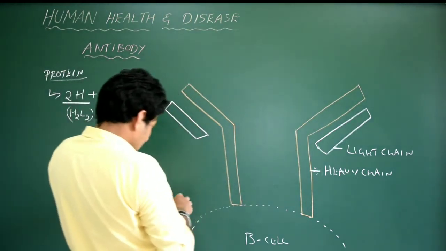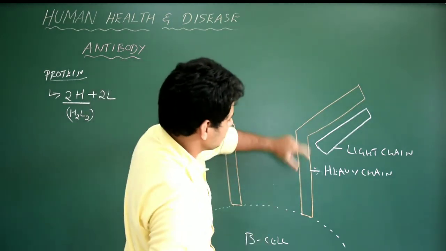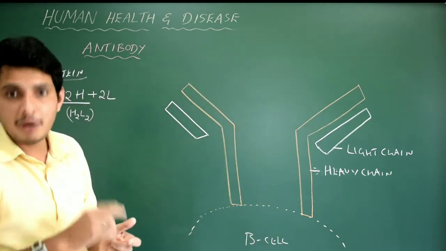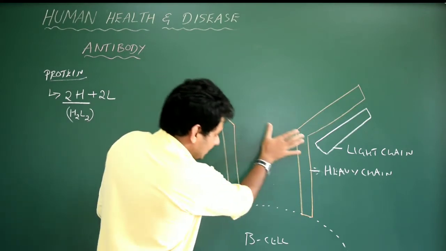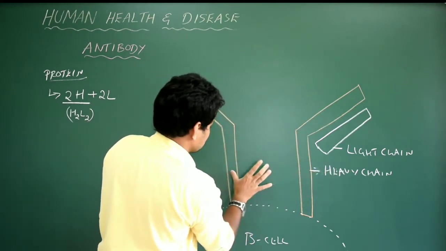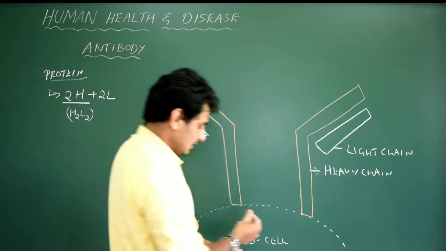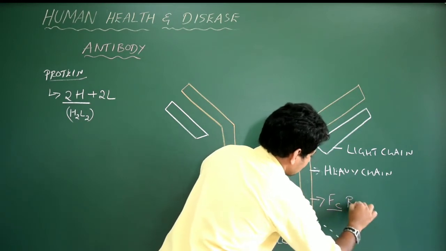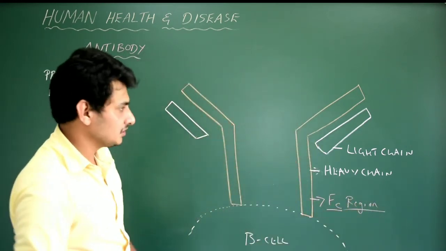Now what I am going to do is separate, within the one antibody, these into 2 compartments or regions. Antibody has 2 regions. The region where the 2 heavy chains are attached to the B cell or plasma membrane is called FC region. Only for your need, FC region.